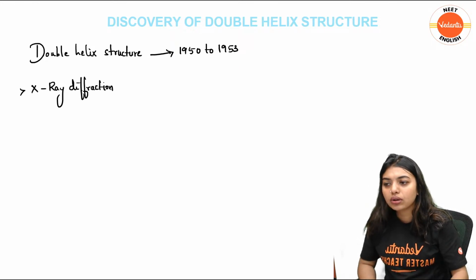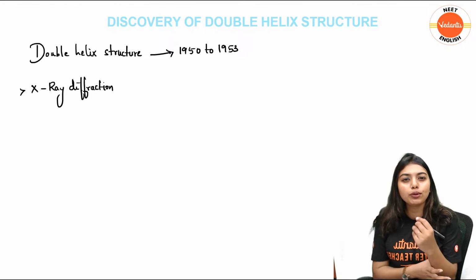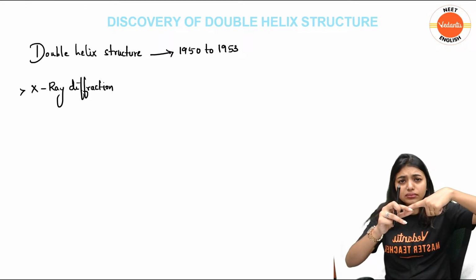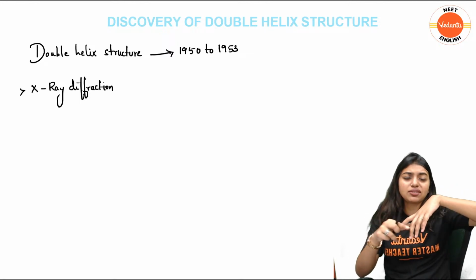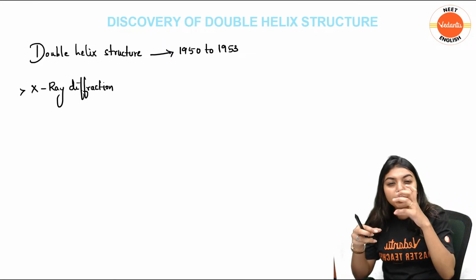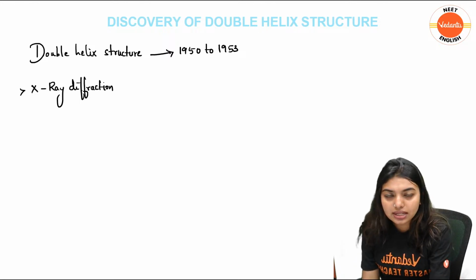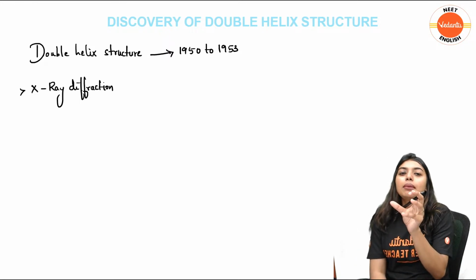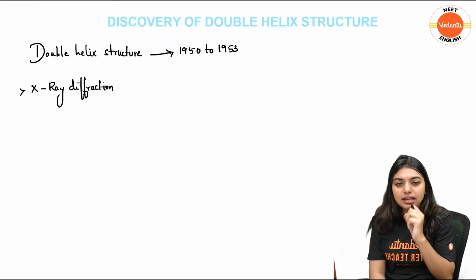How will you know how your bone is broken? How will you know if your metacarpals and phalanges are misplaced, or any movement has happened, or your patella has moved to this side? You will know by an X-ray. You will understand that your bone has got dislocated, ligaments have torn, or anything.